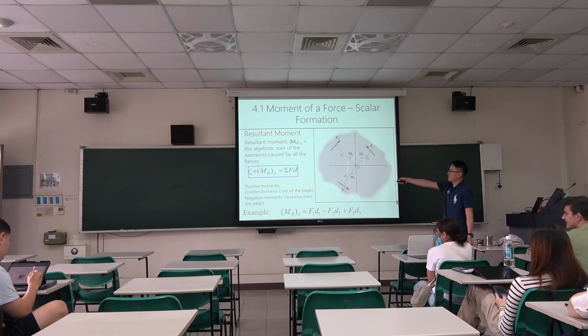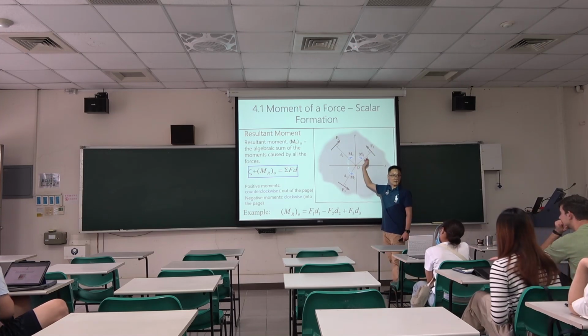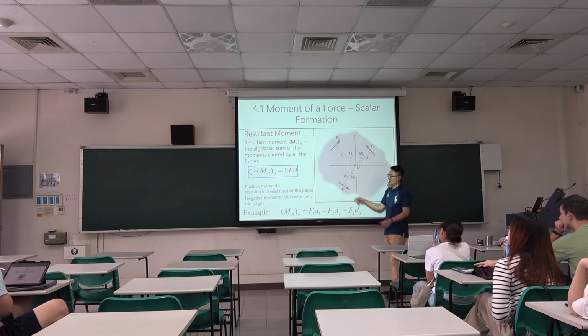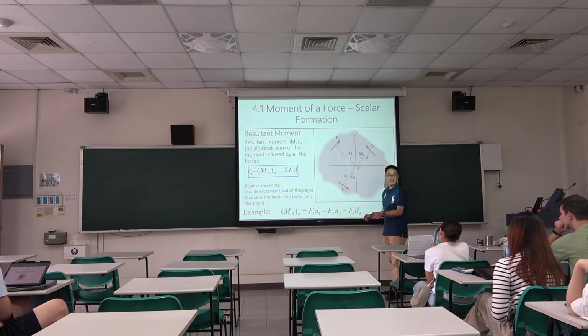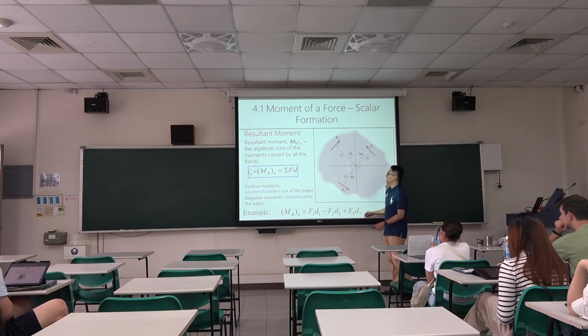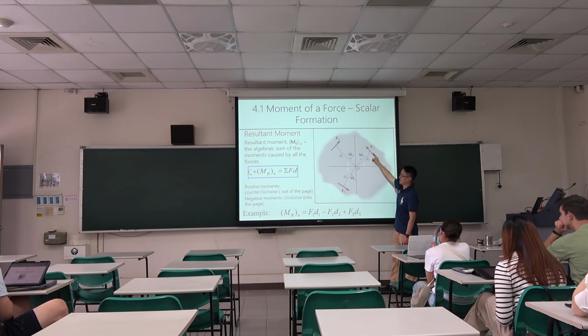We can use this formula to work out the summation of moment. Positive moment we define as counterclockwise, and clockwise we consider the negative moment. So for this point, F1 gives positive, counterclockwise.